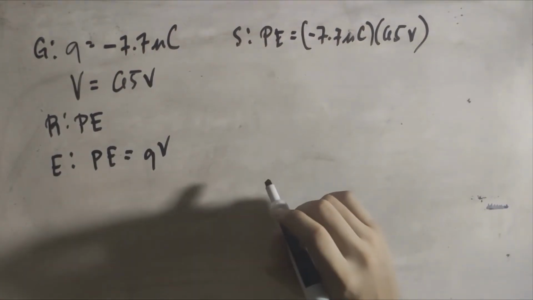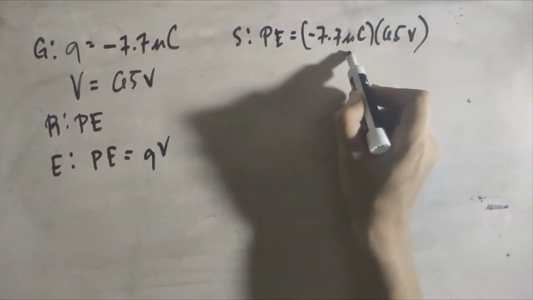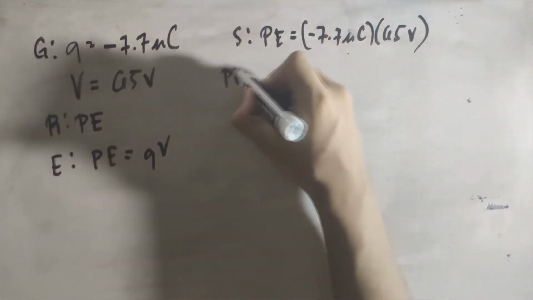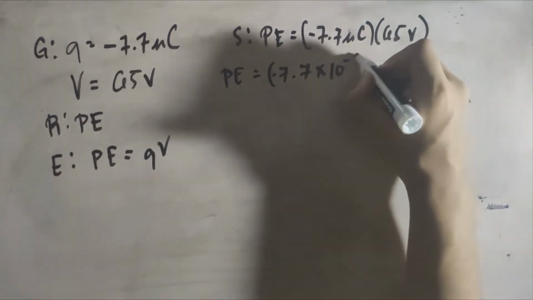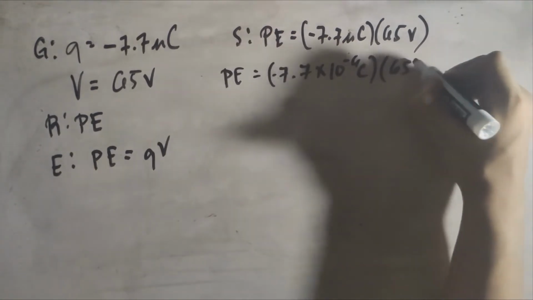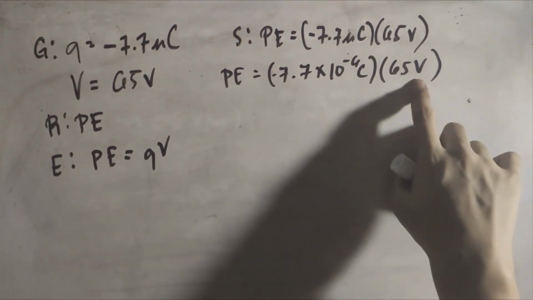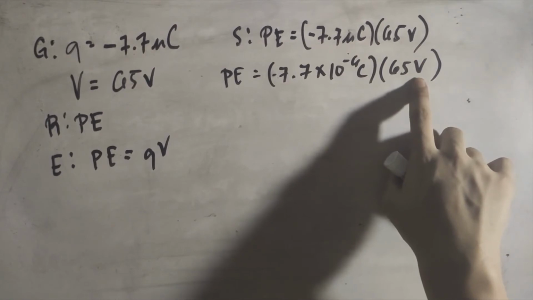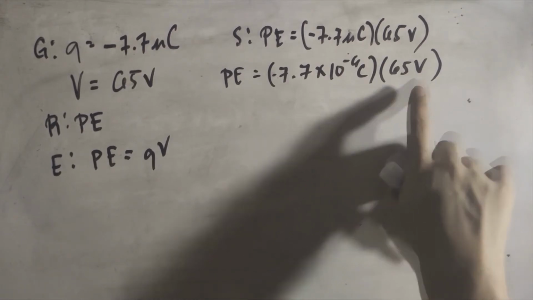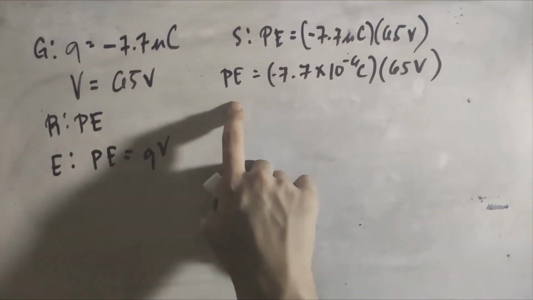Let's convert this first to base SI, so that would become PE is equal to negative 7.7 micro, which is times 10 raised to negative 6 coulombs, times 65 volts. Next let's change this to different SI units, because as you can notice, you cannot cancel any of it, and volts coulomb is not a proper unit for energy.